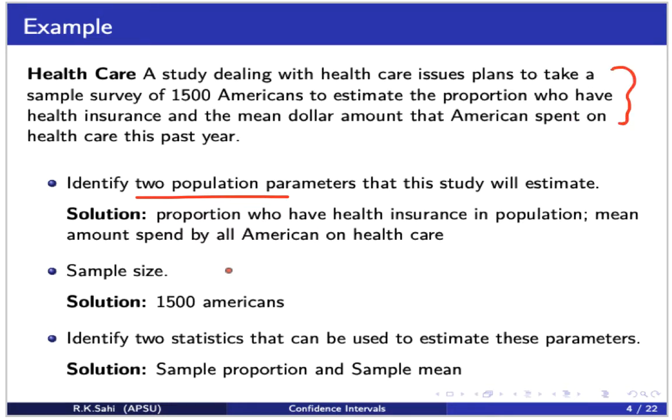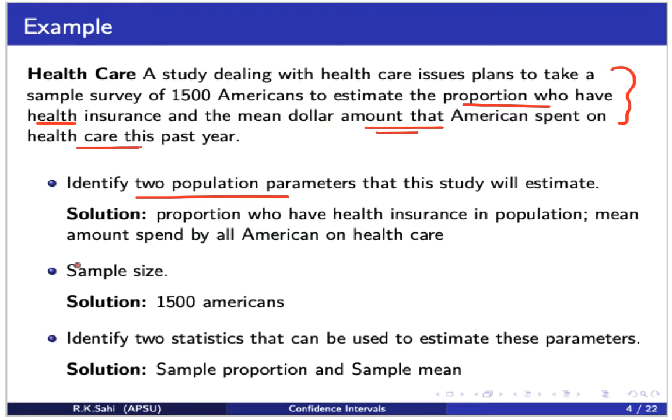We notice we are talking about the proportion who have health insurance. That's one. And the second one is the mean dollar amount which an American will spend on healthcare this past year. So these are our two population parameters. One is the population proportion who have health insurance, and the other one is the mean dollar amount.